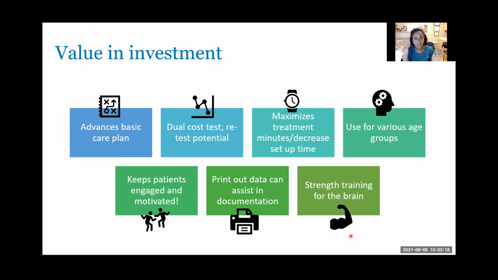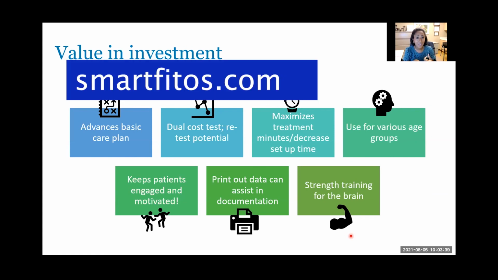I couldn't do it justice, so I encourage you to go check that out. It talks about the benefits of that tool and how it can encourage other recommended training programs based on how they performed. And then you can retest that person and show objectively how they improved over time. So that's just a great time saver to print out data that can support the benefit of the therapy that's being provided and assist in effective and clear documentation.